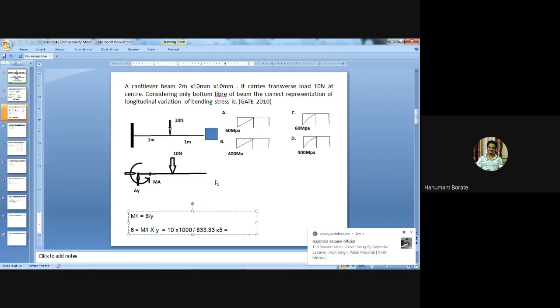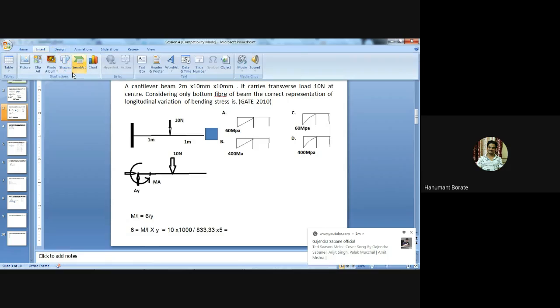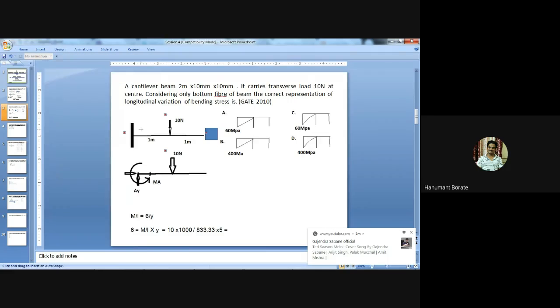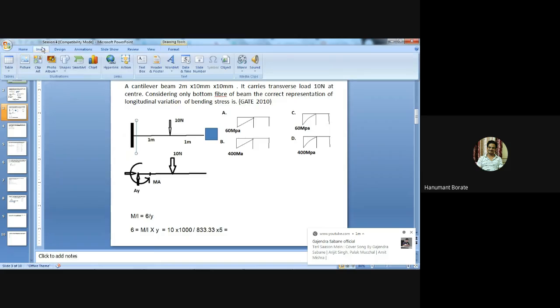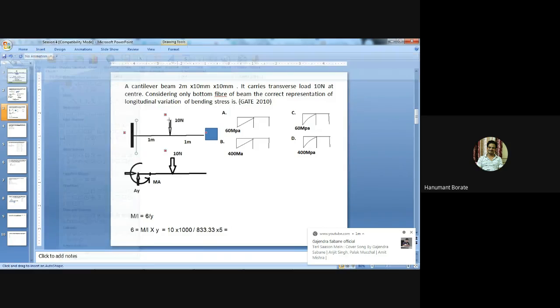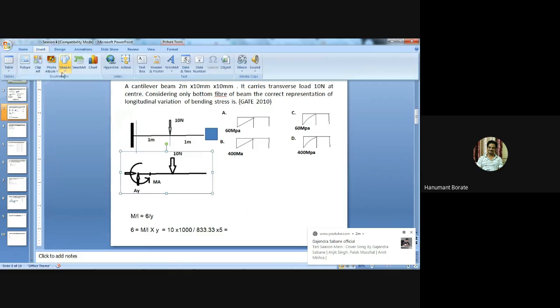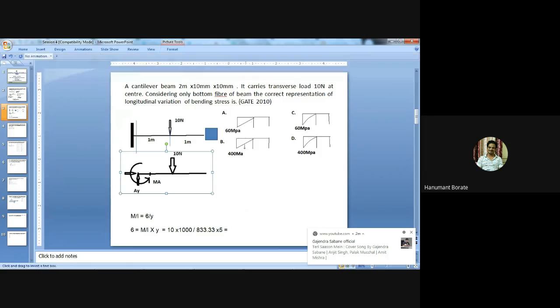We need to take a section to calculate the maximum bending moment, just right of A, and add this point load also. Now we'll see which value is more.